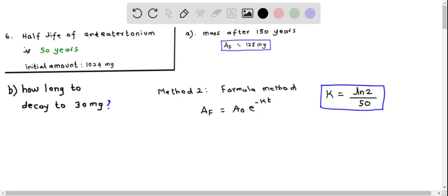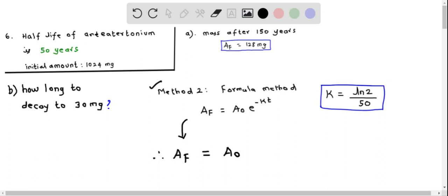Let's answer part B. So we now find the time it takes for the substance to decay to 30 milligrams. Here I'm going to use method 2, that is the formula method. First let me rewrite this equation by plugging in the value of k equals natural logarithm of 2 over 50. So we write this equation: A F equals A0.